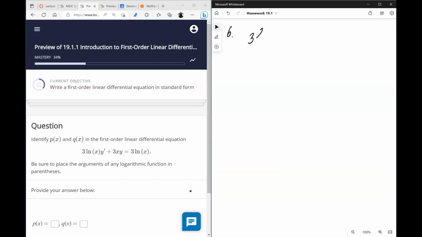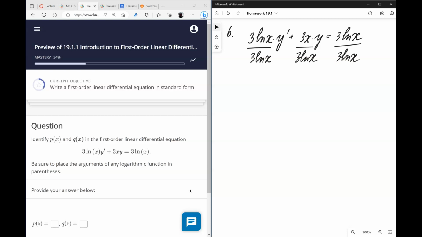Similar problem, and we'll do exactly the same thing. We'll divide everything by ln x, rather 3 ln x, and that means ln x cannot be equal to 0, meaning x cannot be equal to 1, but here's what we get.